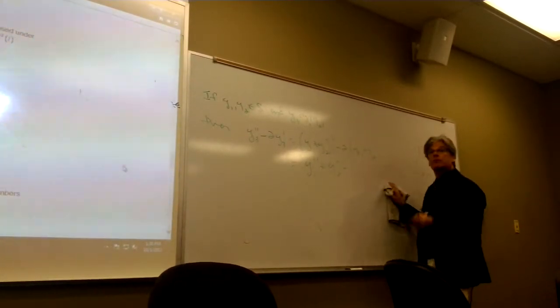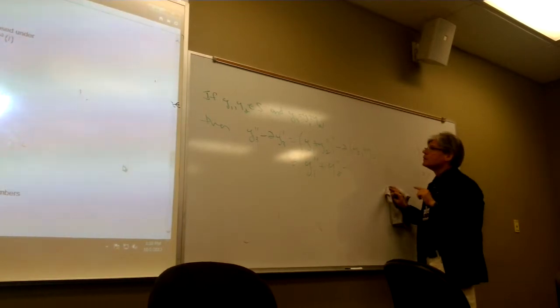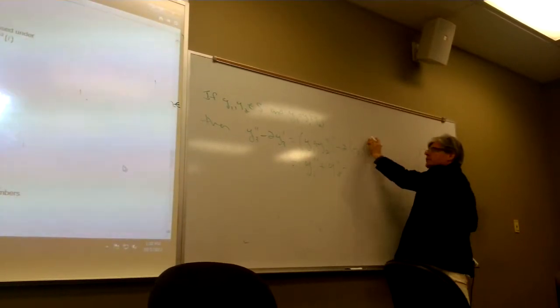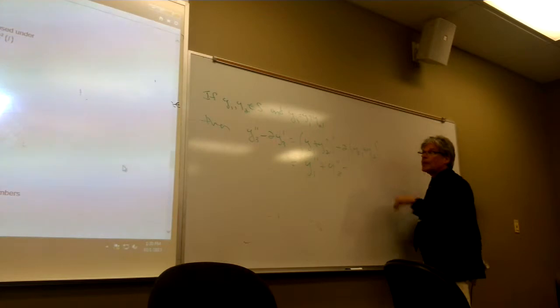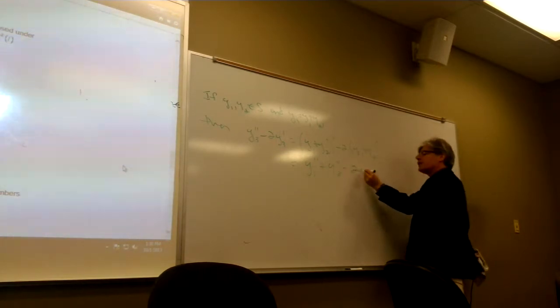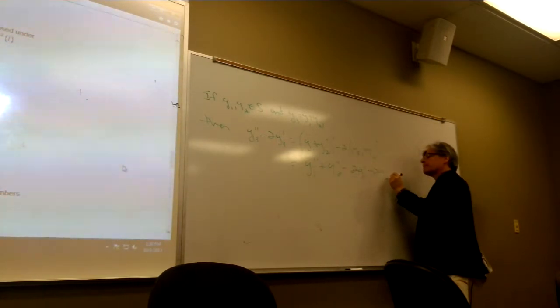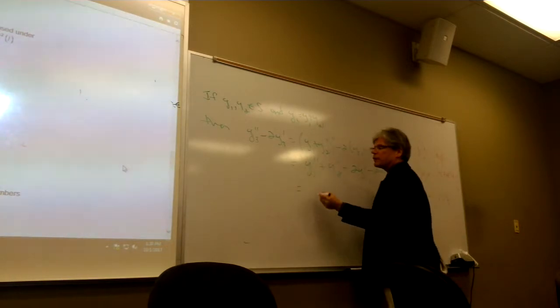It should be a prime in the second term; the second term should be 2y prime. Oh, should it? Thank you. I see it now. Yeah, thanks. And here too, with distribution, I've got this. And now interchanging the second and third terms.